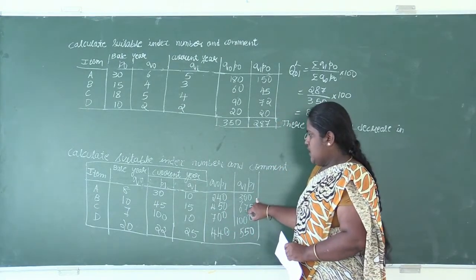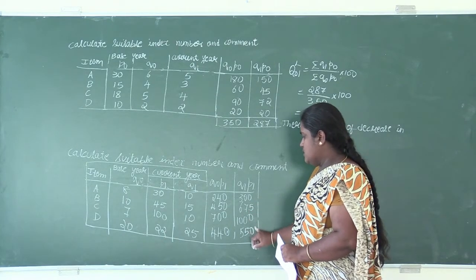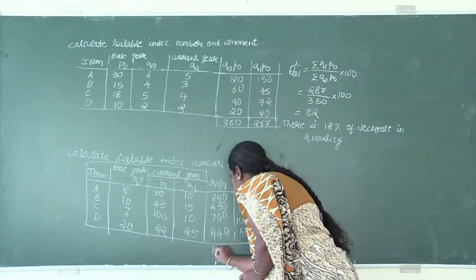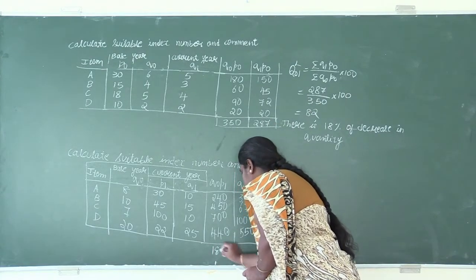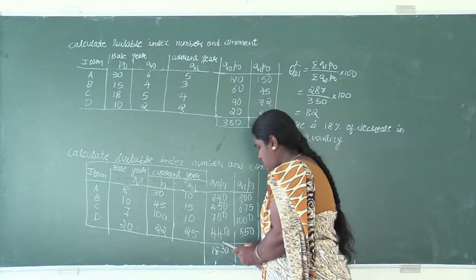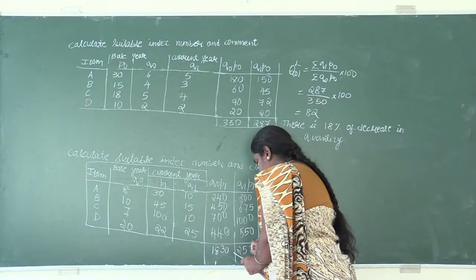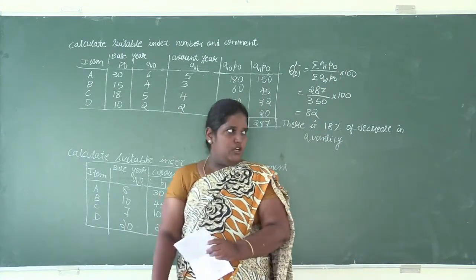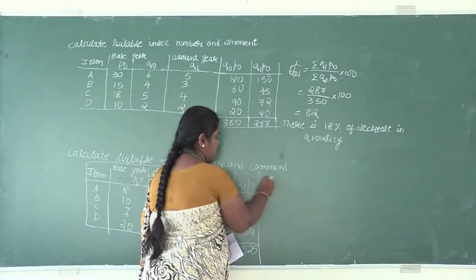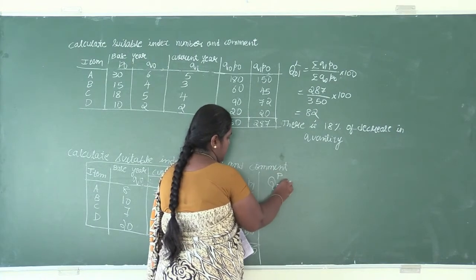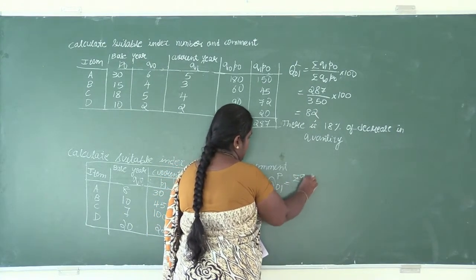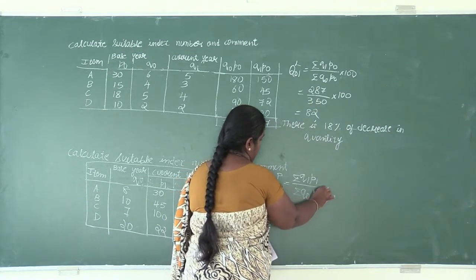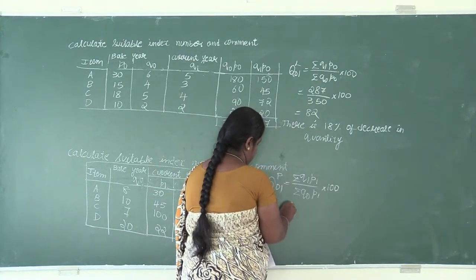Q1 P1 it is 300, 675, 1000 and 550, and when we do this total it is 1830 of Q0 P1 and Q1 P1 is 2525. Then use the formula of purchase quantity index number, which is Q01P equals sigma Q1 P1 divided by sigma Q0 P1 into 100.